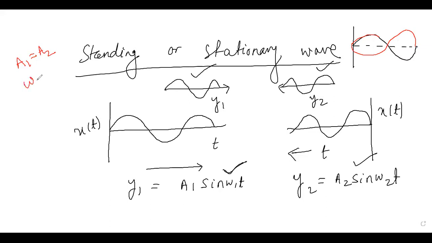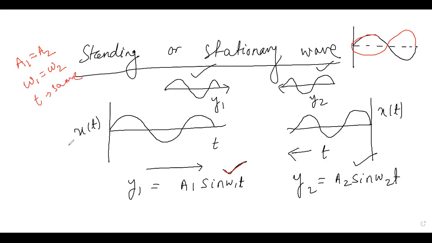The frequency omega1 must be equal to omega2. But the direction of propagation, as we said, must be different. I also have to keep the time the same, so t is the same.